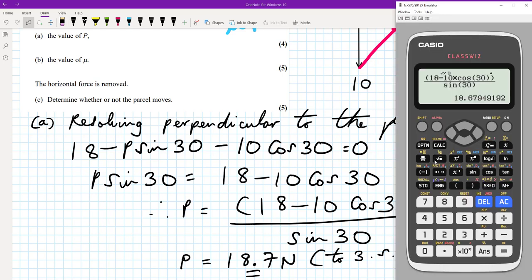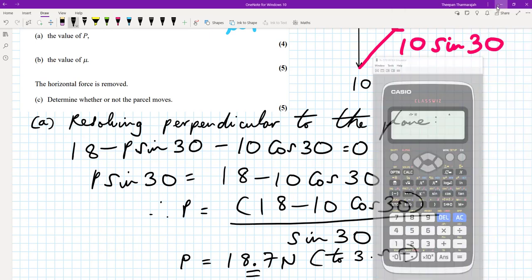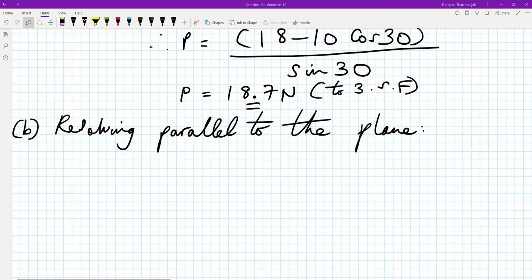So if you want to store that value onto your calculator, press store and A, and it stores it in the value of A. We may need that value for future calculations.